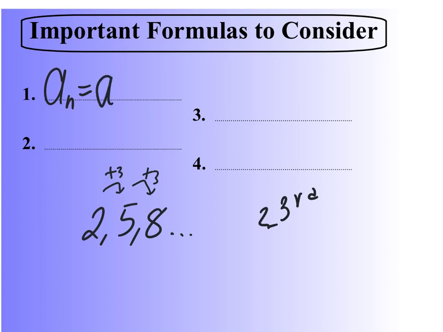I'll give you a hint. It starts with a sub 0 plus, it's obviously going to be more because you're adding 3 each time, which is the common difference. So we put d for common difference. And then who remembers the rest of the formula? Say it if you know it. n minus 1. Okay, good. Okay, cool. That's the formula.